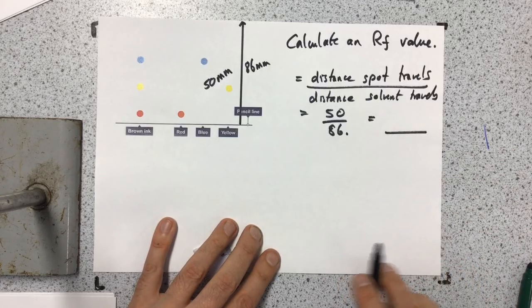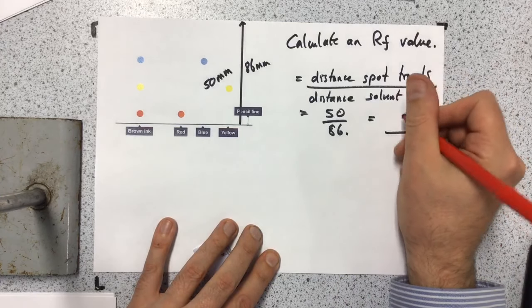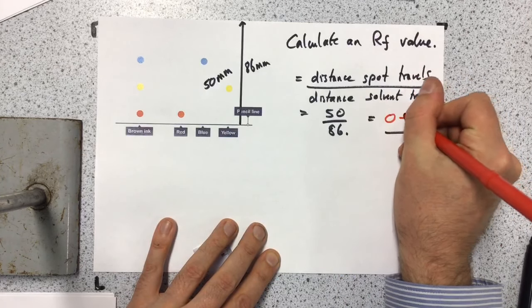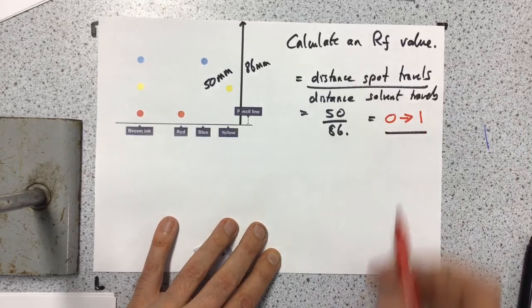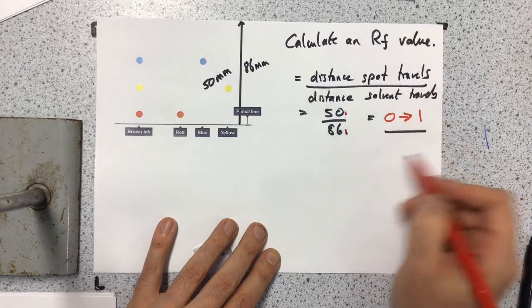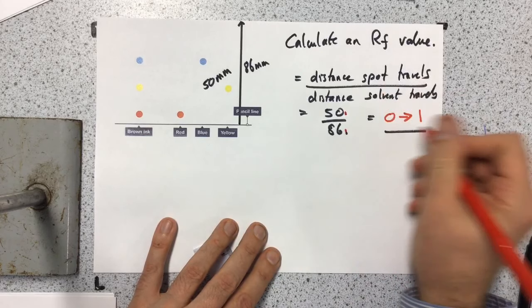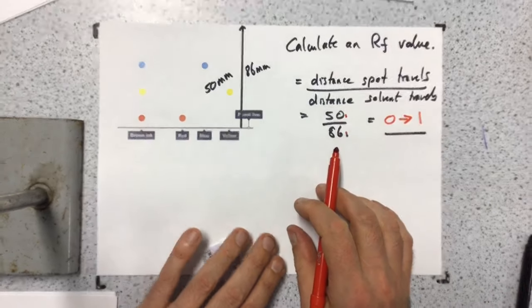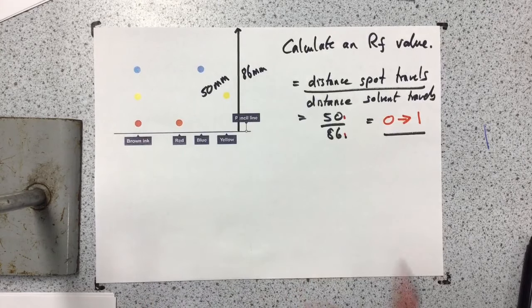Your answer will always be between 0 and 1, because you are dividing a small number by a big number. If it isn't, the chances are you have just done these two the wrong way around, so you can use that to check whether you've got the correct answer.